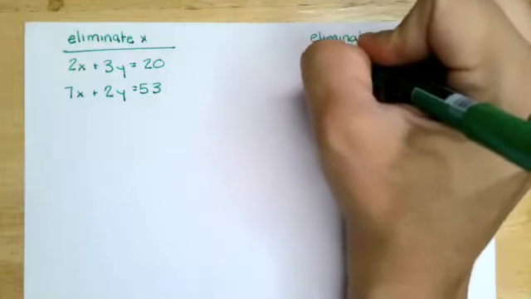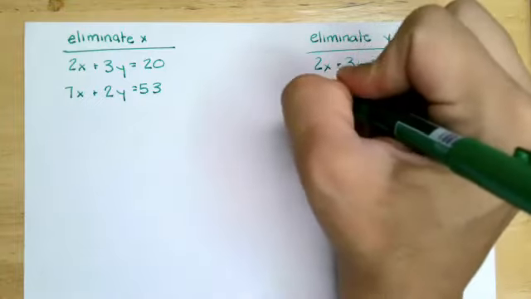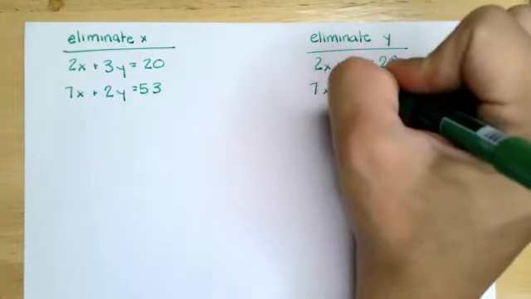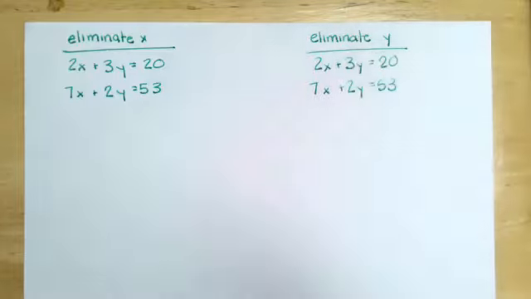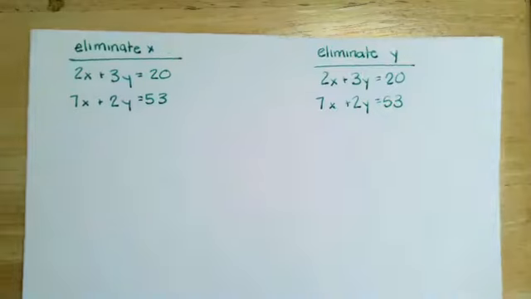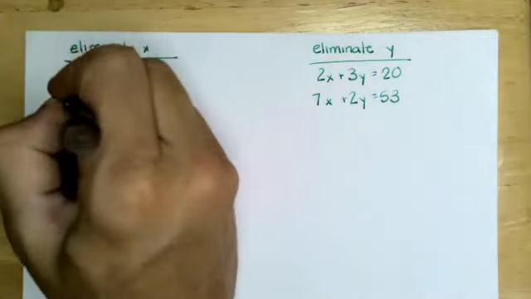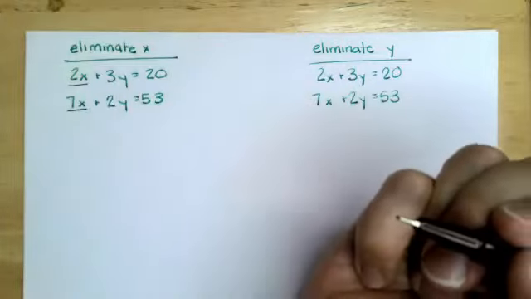2x plus 3y equals 20. 7x plus 2y equals 53. All right. So if I want to eliminate x, I have a 2x and a 7x.